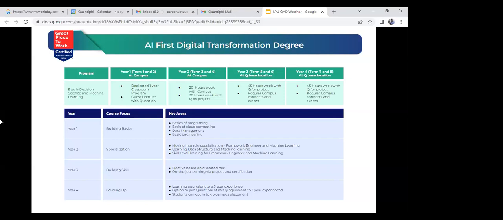Year 3 is all about building up your skills. It's no more about being just an engineer; it's what kind of engineer you are, what software industry you work in. That defines your identity. That is why we want you to level up your skills in year 3 and year 4. Right.